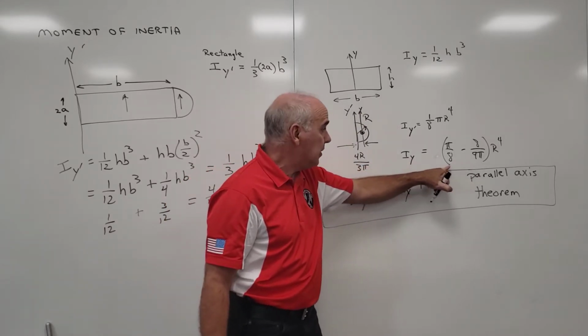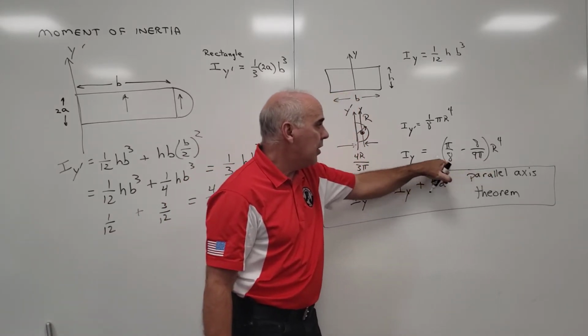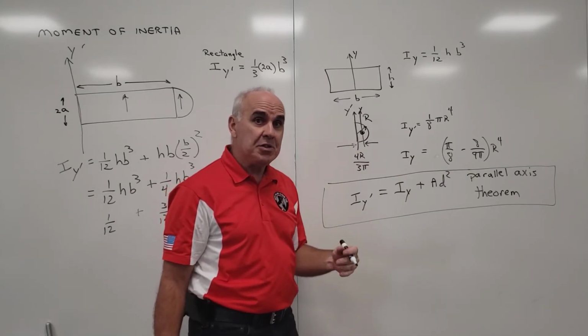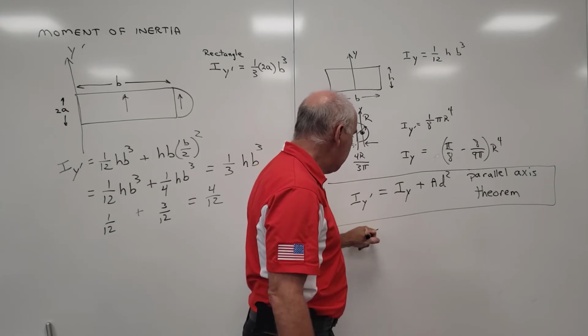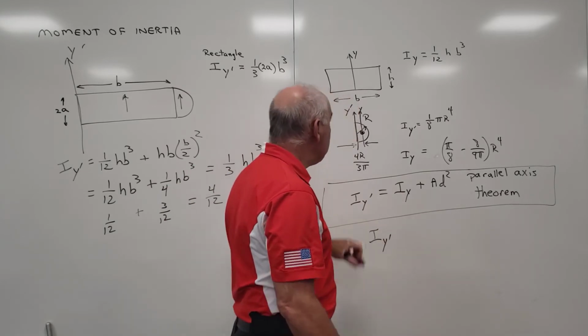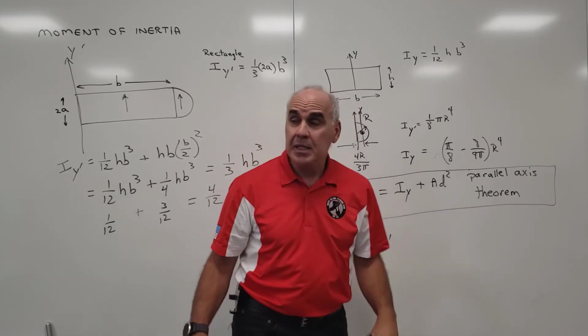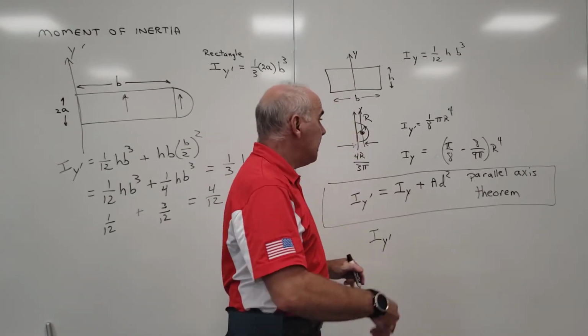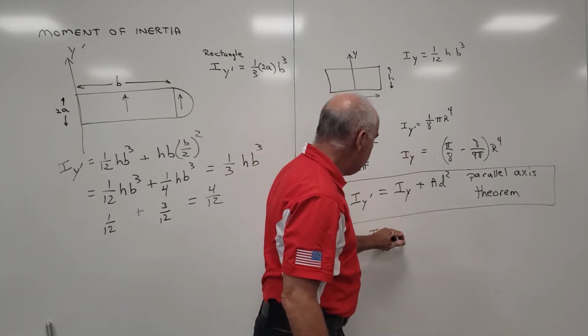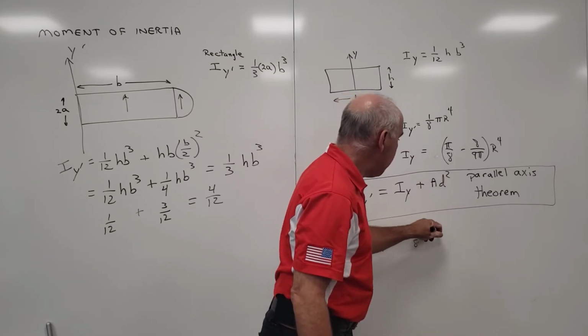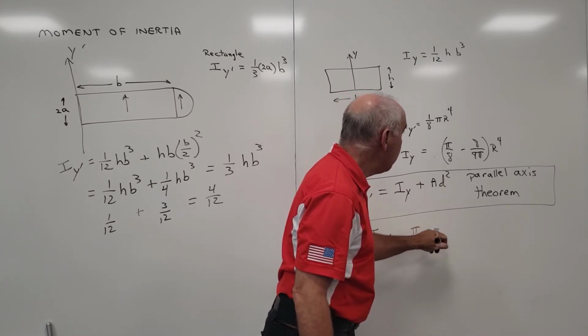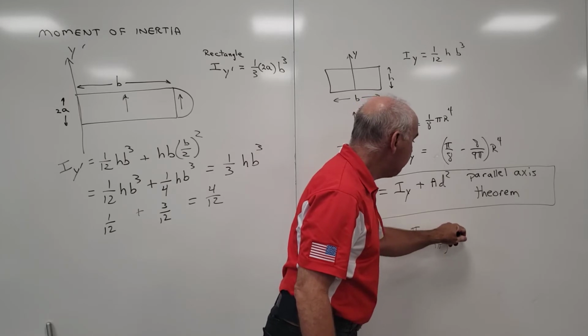And so I have to go around this y, and there's the equation. It's not very pleasant, is it? But there's the equation for the moment of inertia of a semicircle around the center of mass. So for this y prime, I'm going to get pi over 8 minus 8 over 9 pi, times r to the 4th.